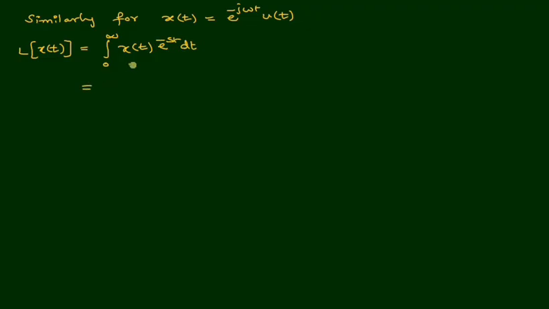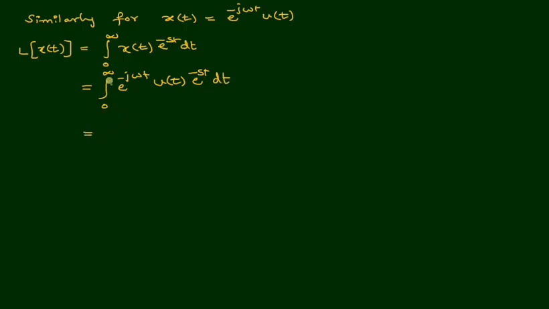Now in place of x of t, we consider the exponential function e power minus j omega t u of t into e power minus st dt.